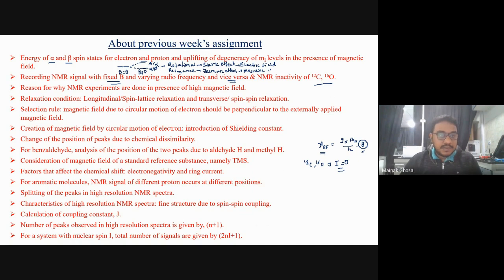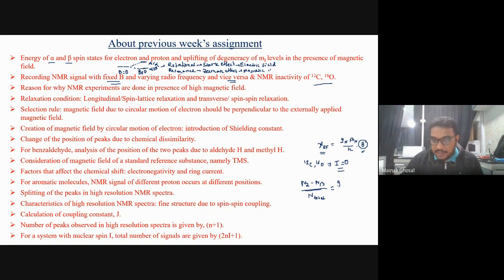Next, we have discussed why NMR experiments are done in the presence of a high magnetic field. Because we have discussed the ratio of alpha and beta states. I am just writing the expression directly from the previous day's discussion, where I have discussed all these topics.